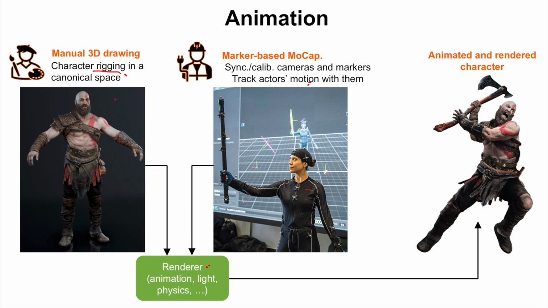For rendering, there are many engines, Unreal Engine, Unity Engine, you can use any engine. Anyway, for the animation, we draw characters in canonical space, and then we have motion information from either markerless or marker-based motion capture, and then we animate the character, and then we render it to image screen space using Gaussian splatting, mesh, or anything we can use.